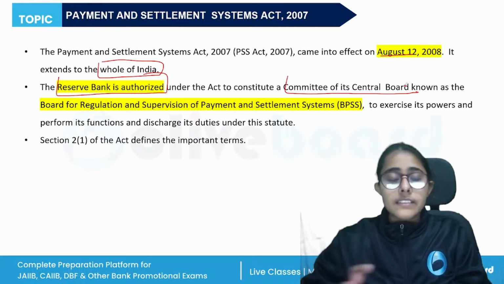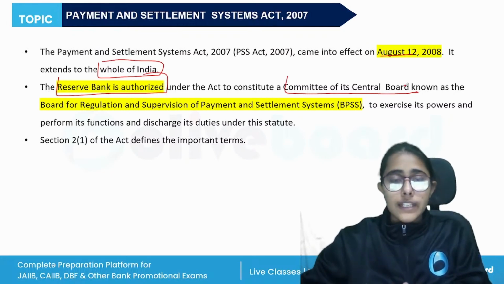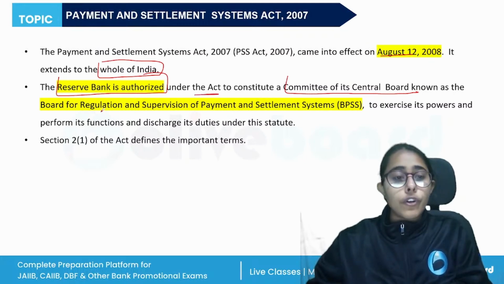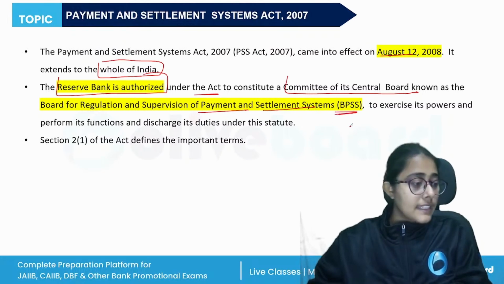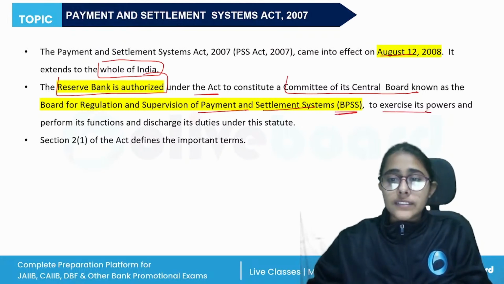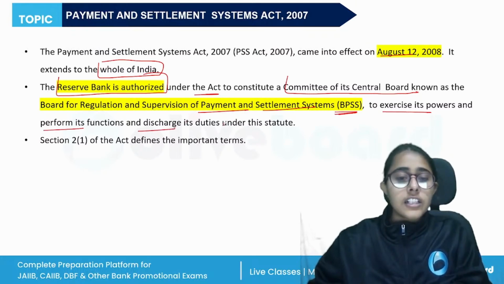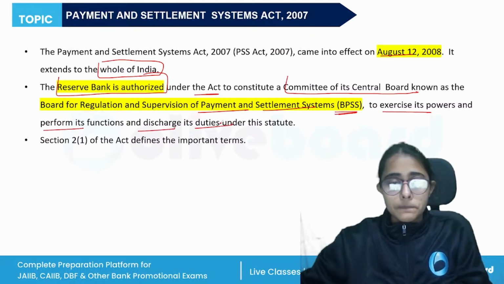RBI has the power to monitor and supervise, and to constitute a board known as the Board for Regulation and Supervision of Payment and Settlement Systems, the BPSS. This board exercises its powers, performs its functions and discharges its duties under the statute.